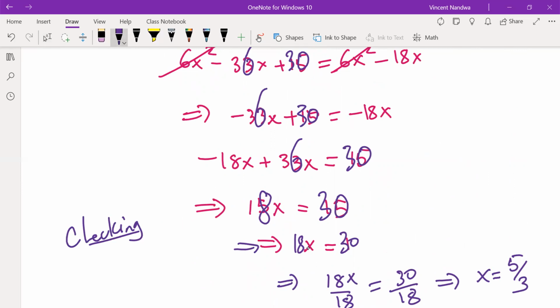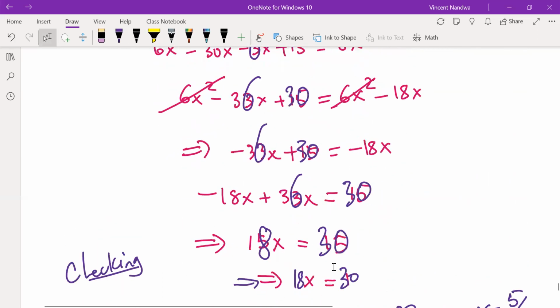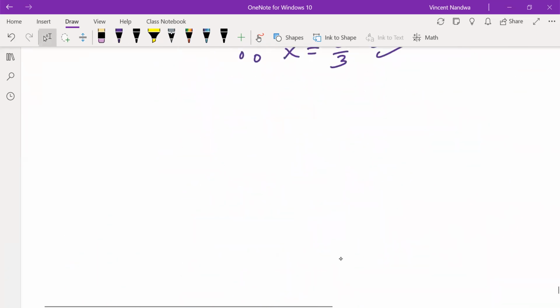Next question, if we have to solve the equation 2 square root of x equals 8.